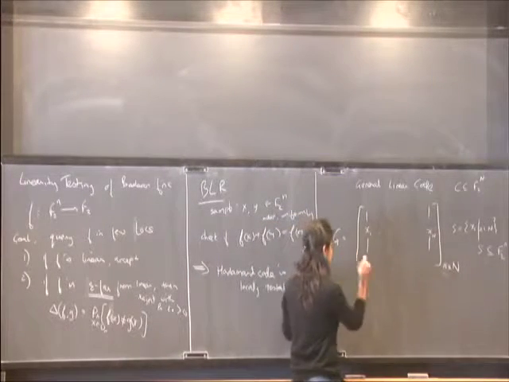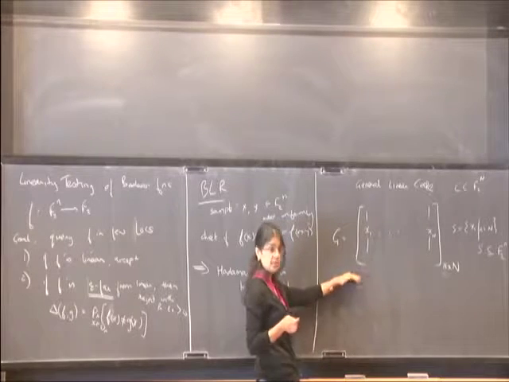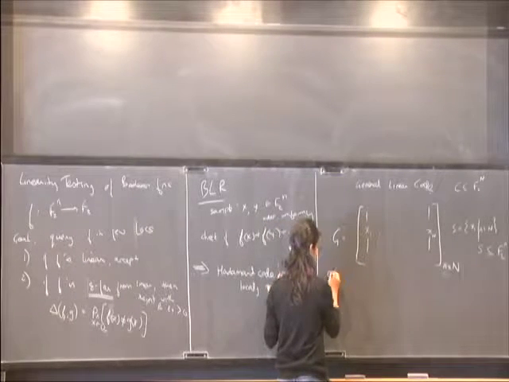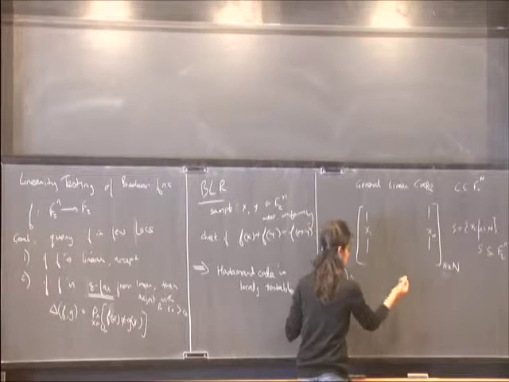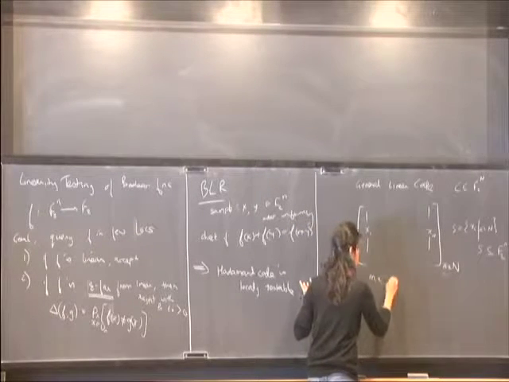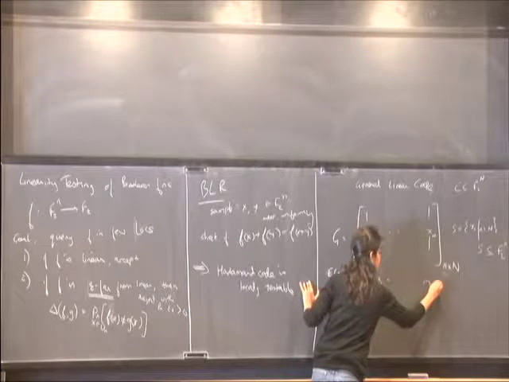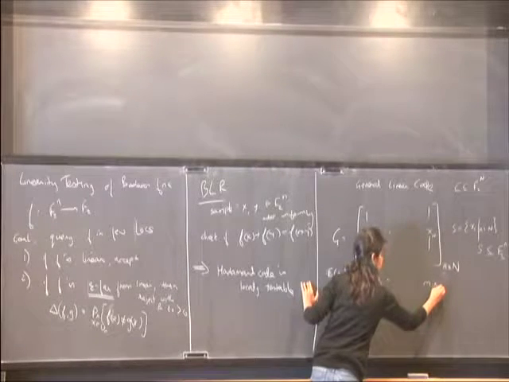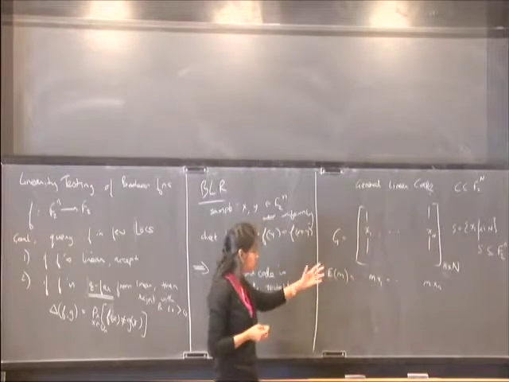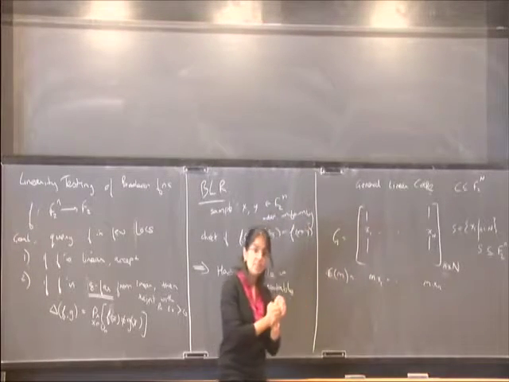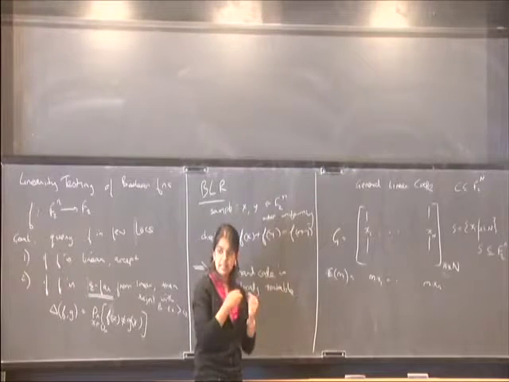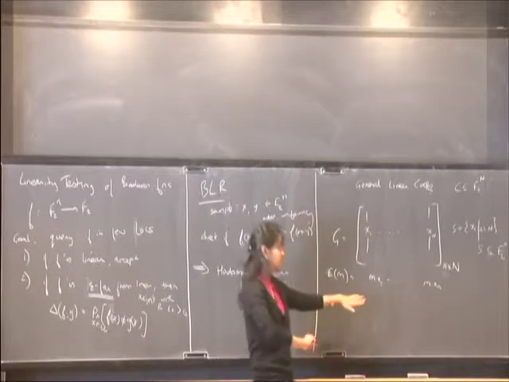So again, what are the code words of this code? The encoding of a message m is going to be m times x1 up to m times xN. So this is again looking like a linear function, but a linear function not evaluated on the entire domain, rather evaluated on some subset of the domain.